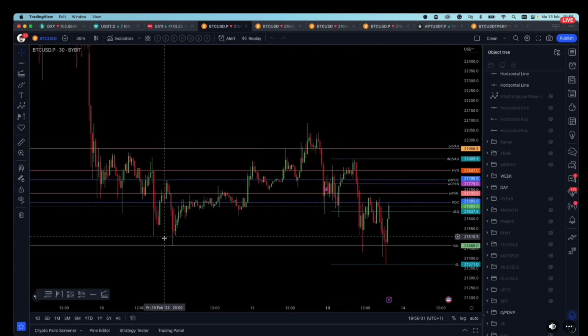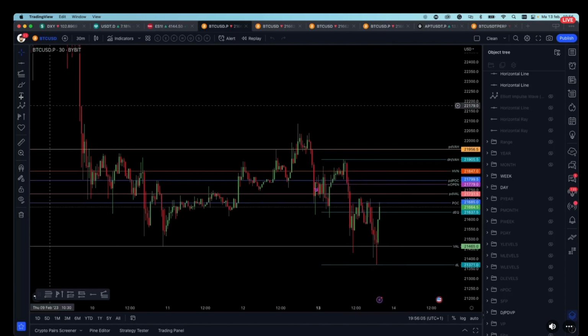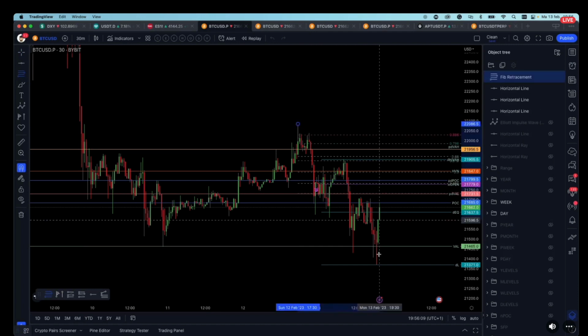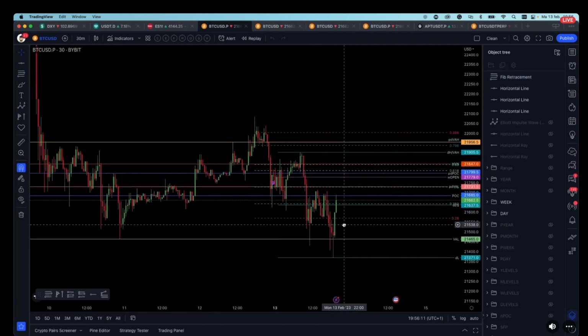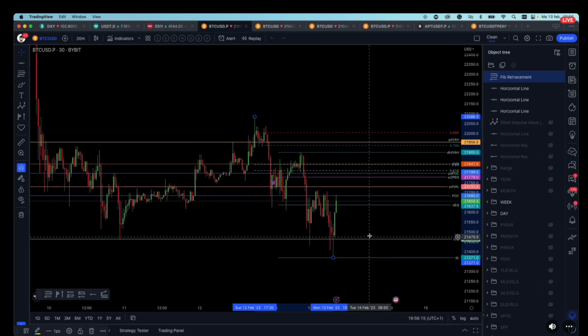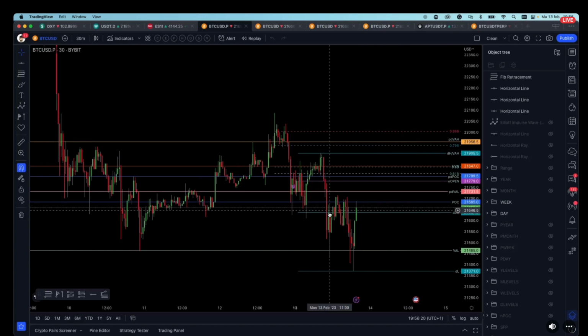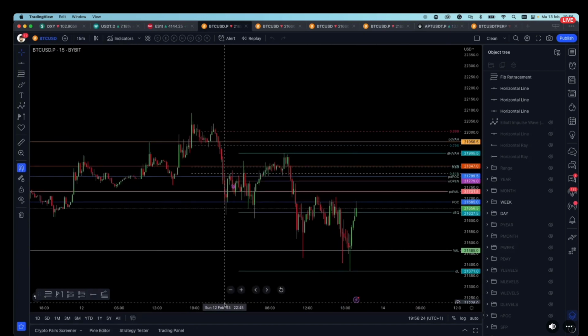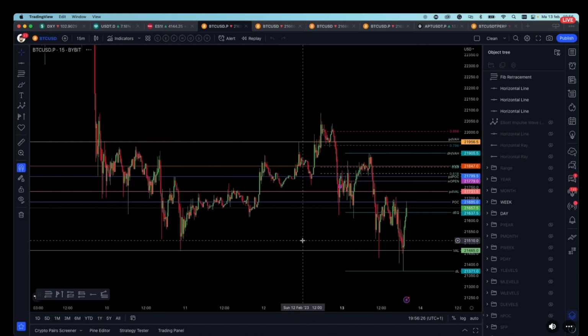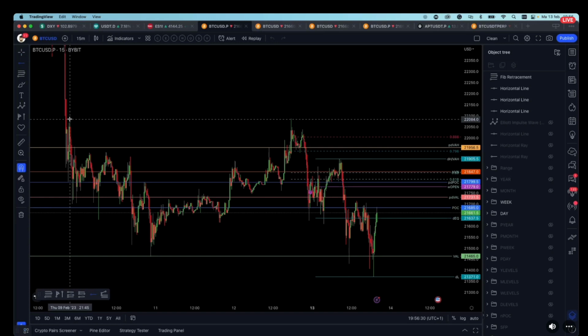So we took out the previous low and made a swing failure pattern. Figuring out what could happen here.